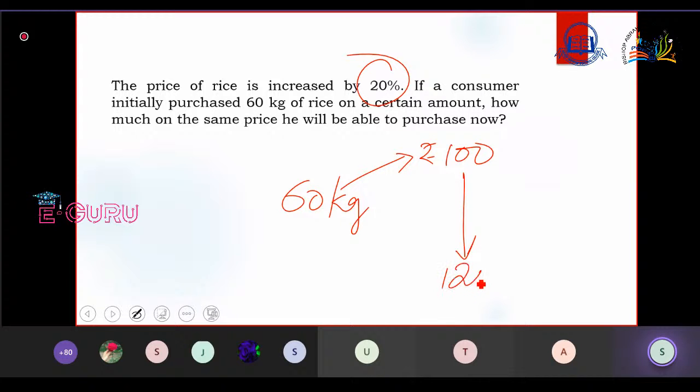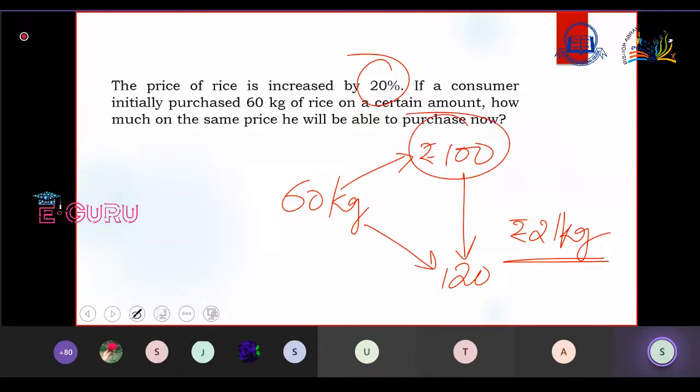That means now you need to pay 120 rupees for purchasing 60 kg. That means the current price is rupees 2 per kg, right? And you have only 100 rupees with you. So in this current price you can purchase 100 by 2, 50 kg only. That's it.